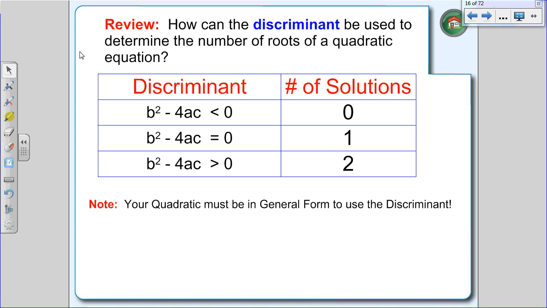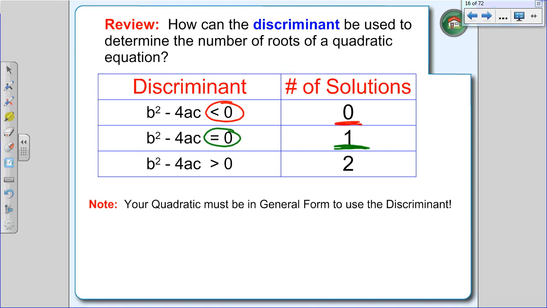We learned that if the discriminant ends up being a negative number, less than 0, that means that there's going to end up being no solution. Because if you were to actually calculate and try to square root a negative number, it doesn't work. Like the question we just had, you guys learned that if the discriminant equals 0, you're going to end up with exactly one solution.